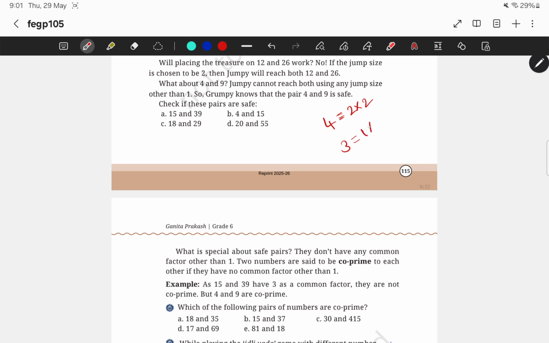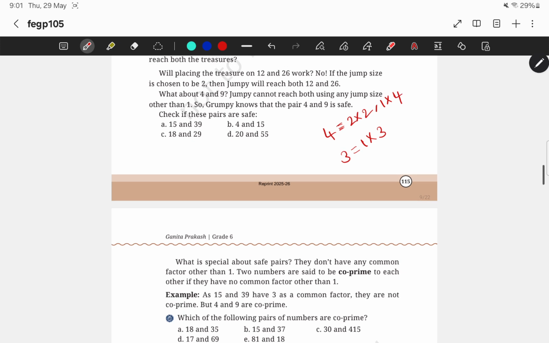For 3, 1 3 is 3. So here the common factor you can observe is only 1. So 4 and 3 are co-prime numbers.